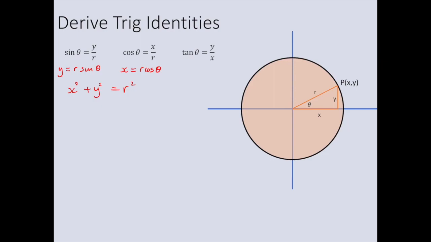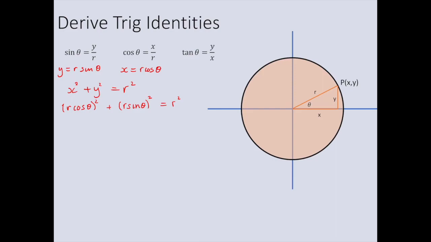Let's sub in our values for x and y. So now we've got r cos theta squared instead of x squared, and we've got r sine theta squared instead of y squared, and that would be equal to r squared.